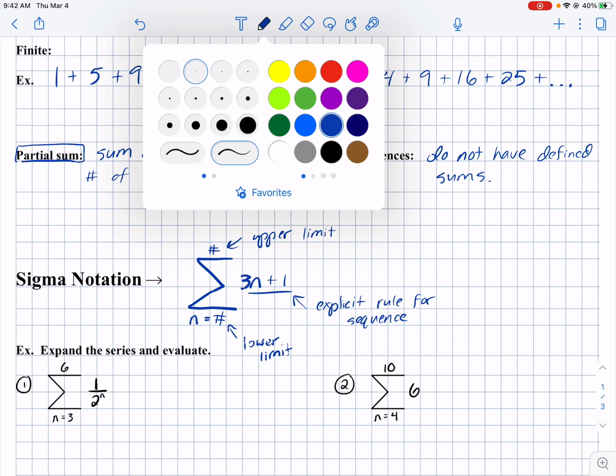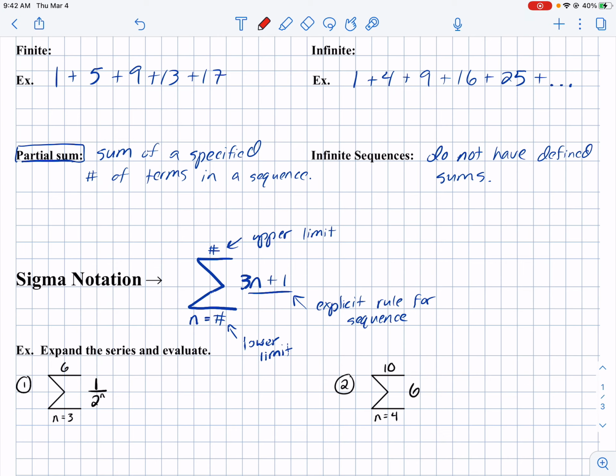So if we were to write the two series above in sigma notation, let's do the finite series first. We're almost always going to start with a lower limit of 1. Our upper limit would be however many terms we have here, so 1, 2, 3, 4, and 5, so going up to a limit of 5.